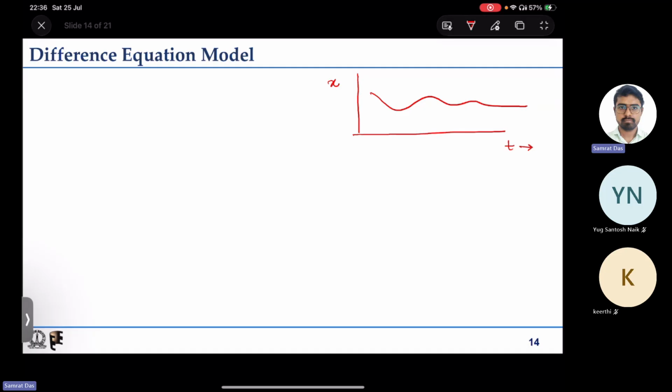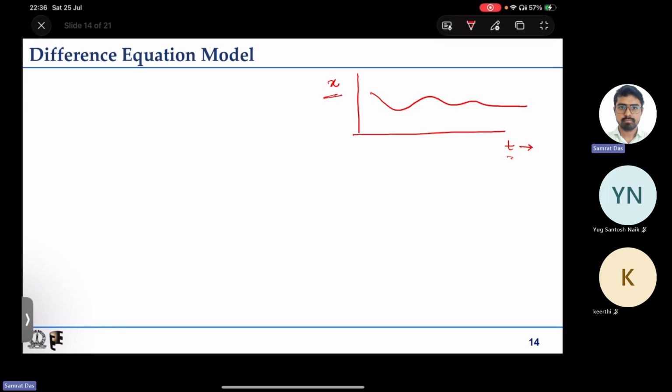But as soon as we go into the difference equation model or discretized form, we do not have information about x at all instants of time.